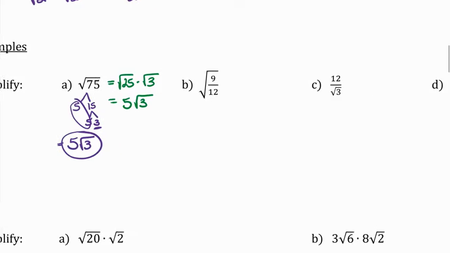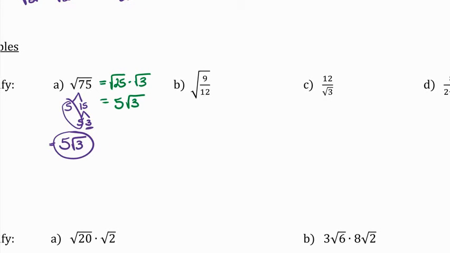The next one, we've got the square root of 9/12. Again, we can break this into 2 parts of a fraction, but I always tell everybody, make sure you simplify a fraction inside of a radical first before you break it apart. Because if I simplify this one first, 9 and 12 are both divisible by 3. So I'm going to rewrite that as 3 over 4 inside that radical.